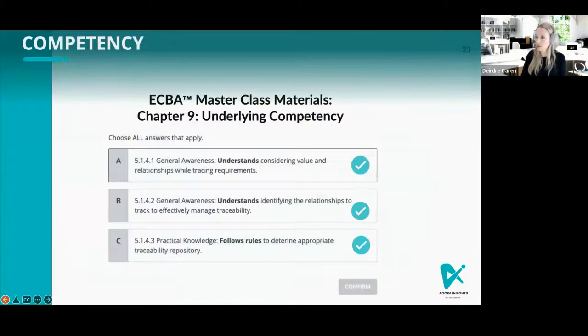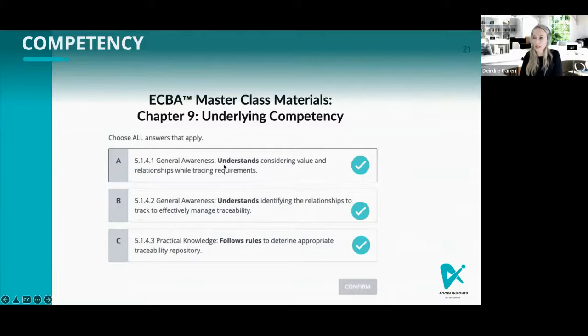Just as a note, in every single chapter of your BABOK guide, you will notice that there's an underlying competency in each element. So under the task, remember there are 30 tasks, and then under the task itself, there are elements, and there is an underlying competency for every single element in your BABOK guide.